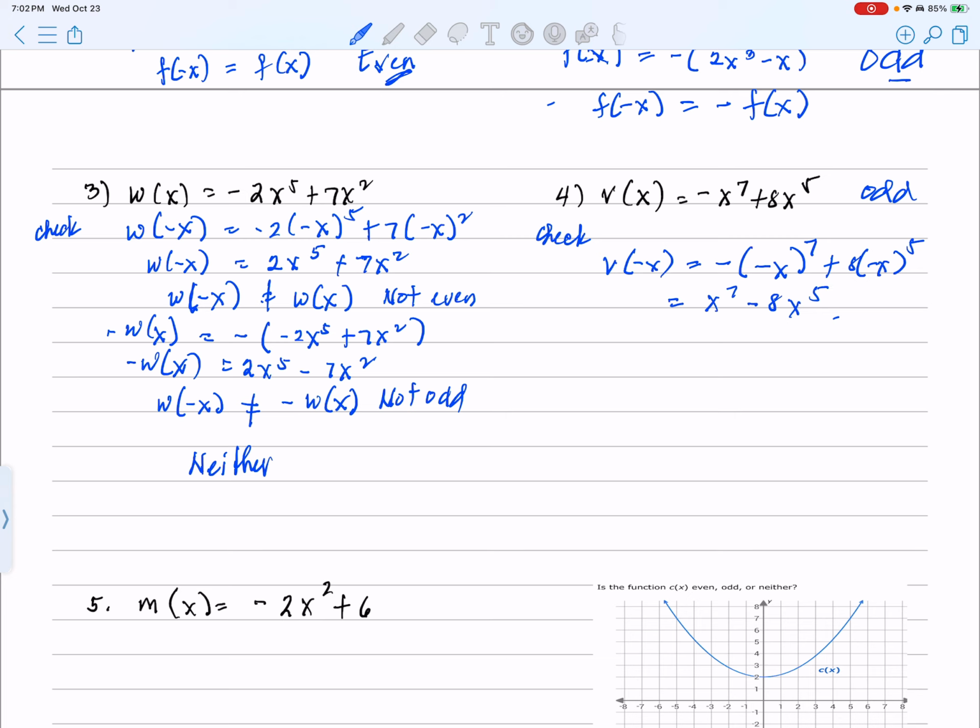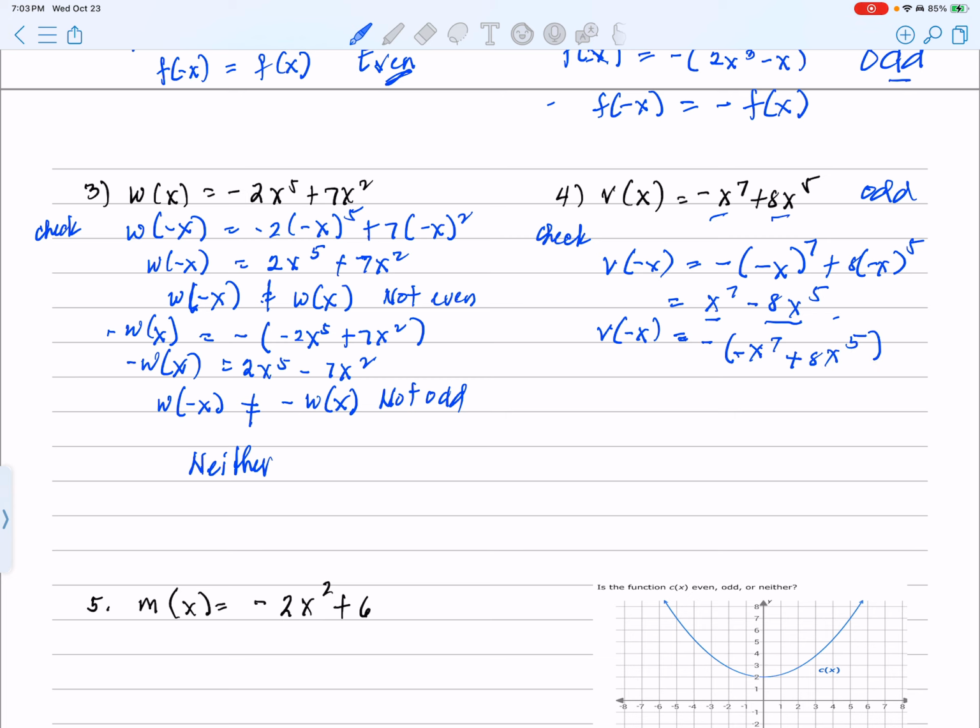How will I know that it will be this one? X to the power of 7 is the opposite of negative x to the power of 7. Negative 8x to the fifth is the opposite of 8x to the fifth. So I could tell, if I factor out a negative 1, then this would be the opposite of the given function.